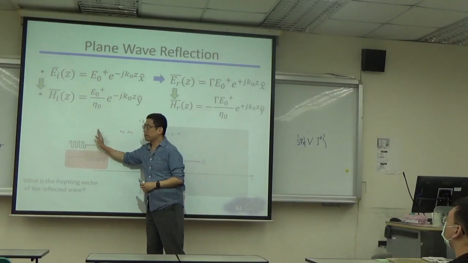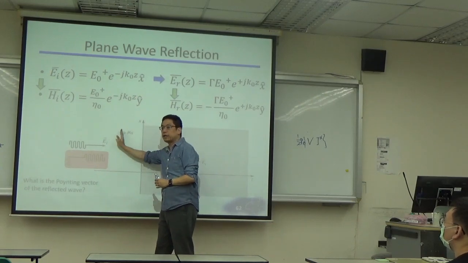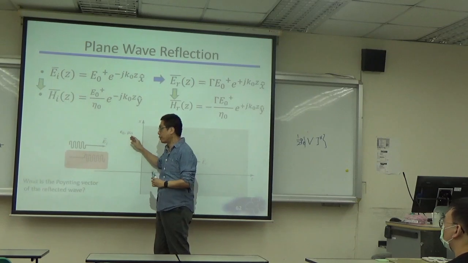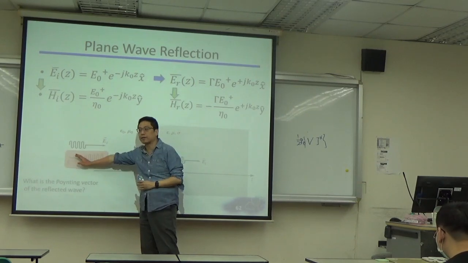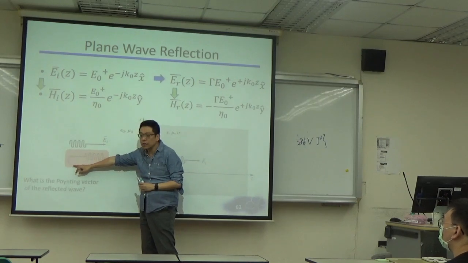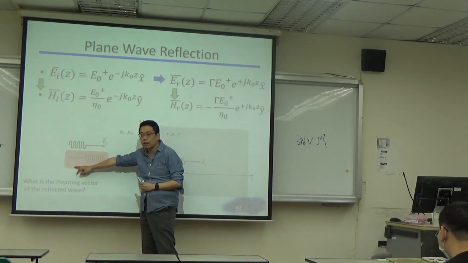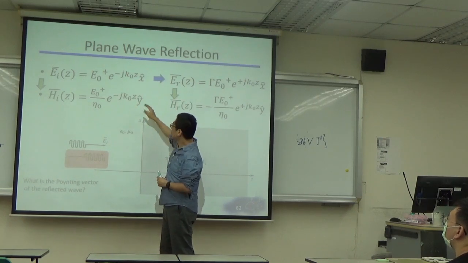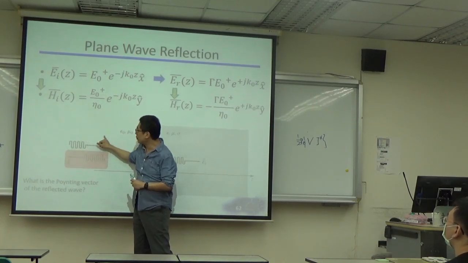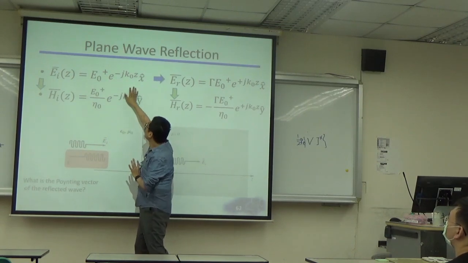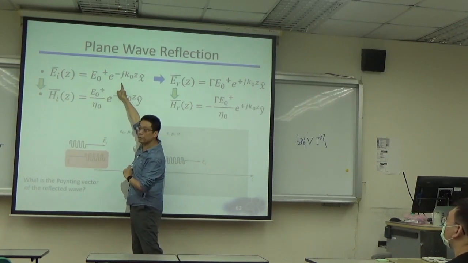If you have two media, two different materials, your EI will be reflected back. So there will be another ER, and for this one, you use totally the same notation we used before.